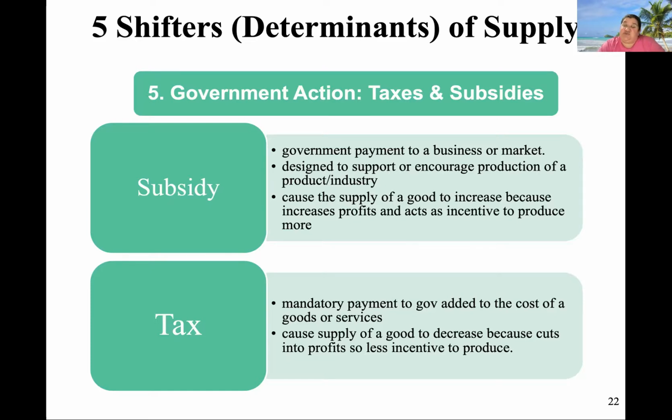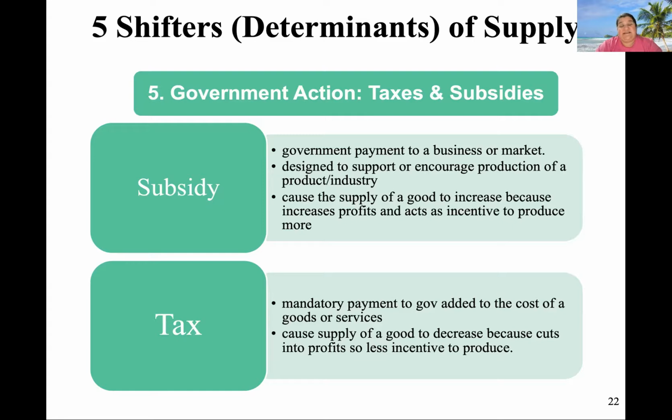The opposite is true of a tax. I think a classic example of this is a tax on tobacco or a tax on alcohol. The government is trying to discourage people from smoking, and so what are they doing? They're smacking a giant tax on top of every pack of cigarettes.